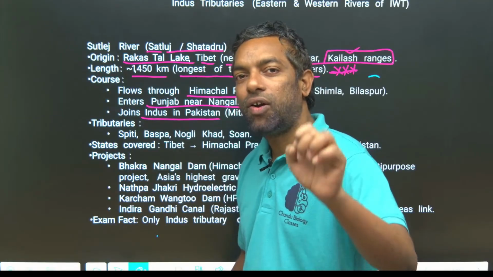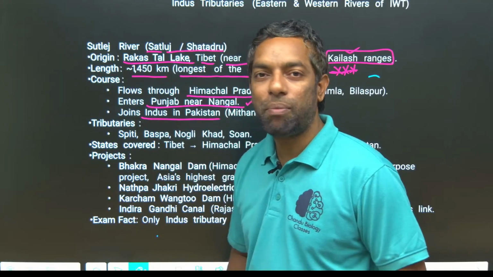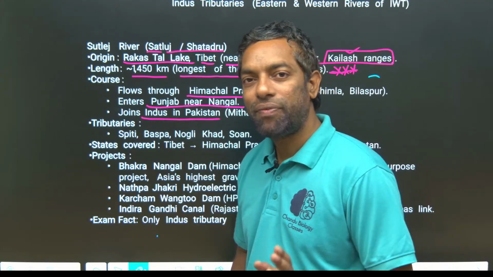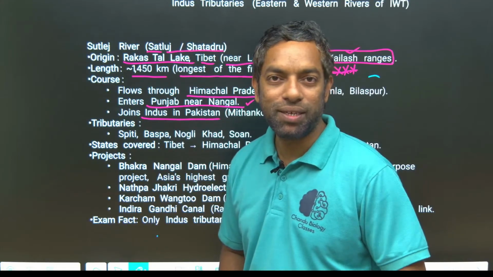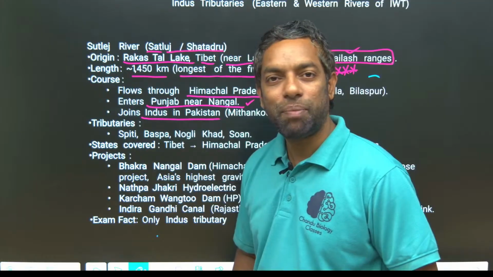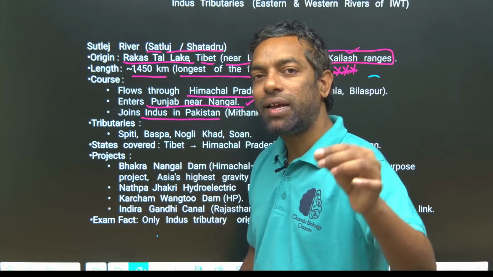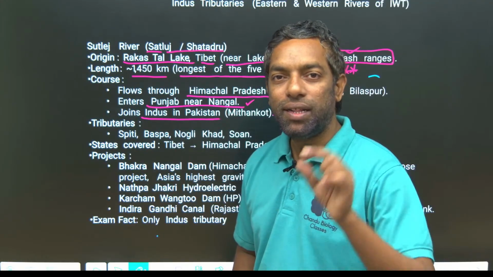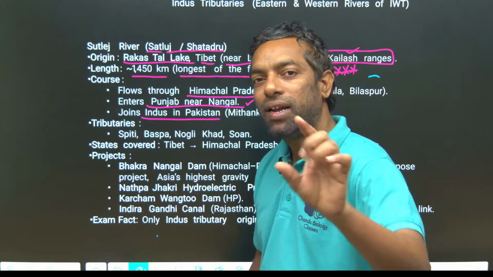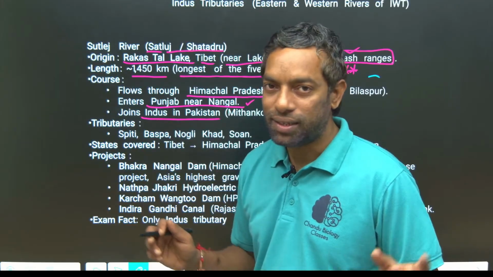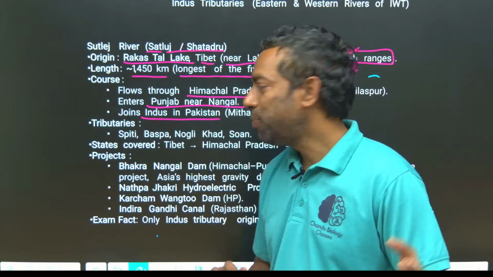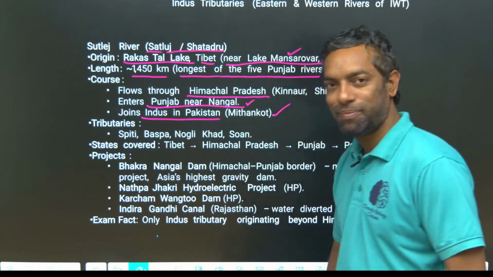Satluj is the longest at 1450 kilometers. It first enters Himachal Pradesh, later reaches Punjab, then enters Pakistan, and at Mithankot it meets the Indus river. I hope you are clear about it.